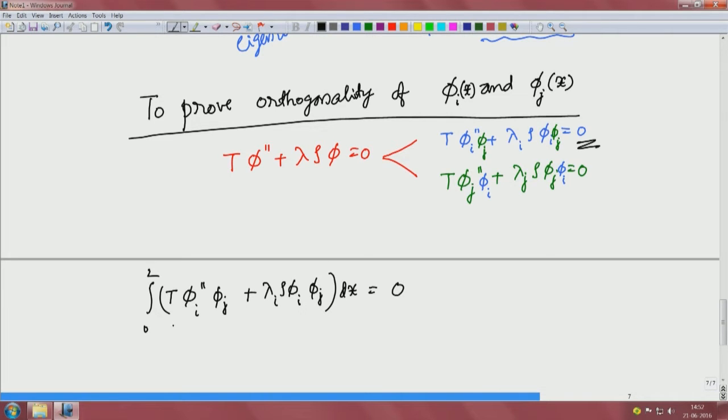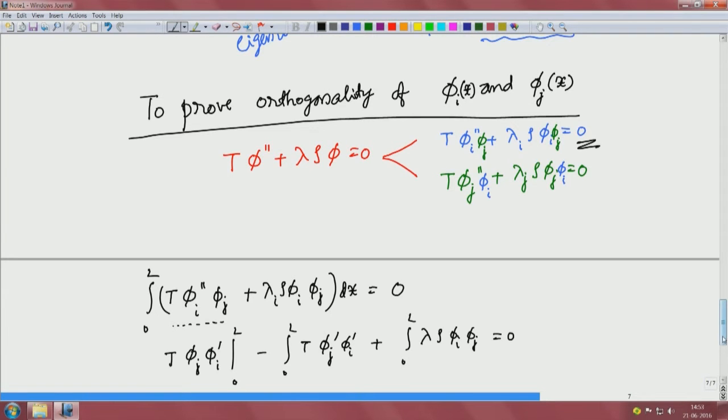Again we will do integration by parts for this. When I do that, I get T, first function I take phi j, integral of second function phi i double prime, so that becomes phi i prime, from 0 to L, minus derivative of first function, that is phi j prime, integral of second function phi i prime, and then plus the integral from 0 to L of lambda i rho phi i phi j equal to 0.